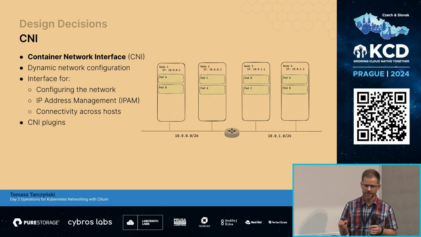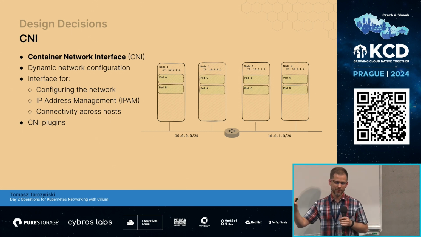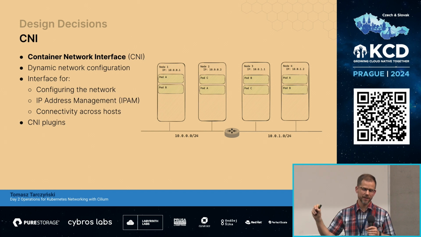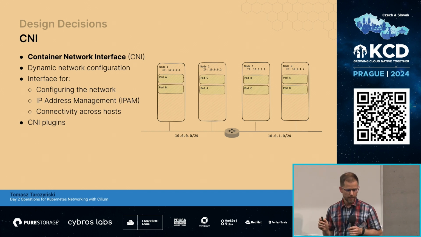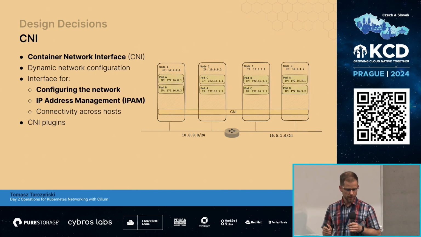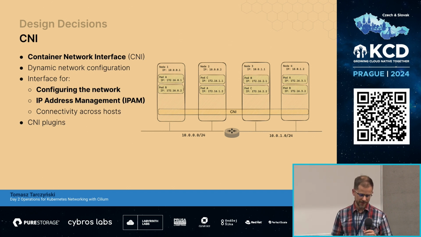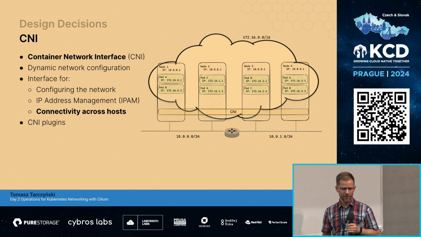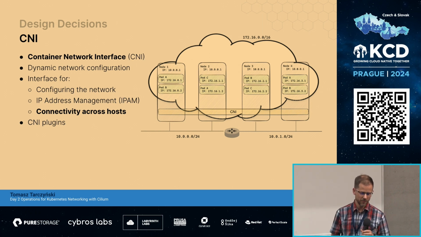One topic is that each pod in Kubernetes should have its network configured and IP address assigned. So CNI takes care of that. It assigns IP addresses to pods. And then the role of the CNI is also to make sure that connectivity works between those pods.